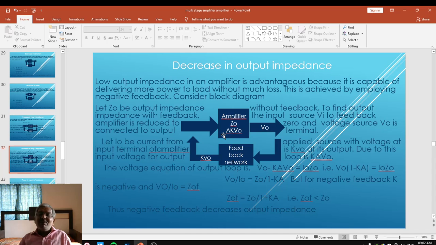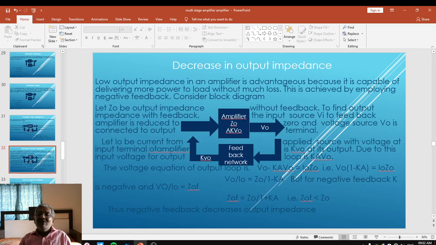In this block diagram, the input source is reduced to 0 and we have connected only the output source Vo. From that output source, part of it, K times Vo, is fed back to the input.